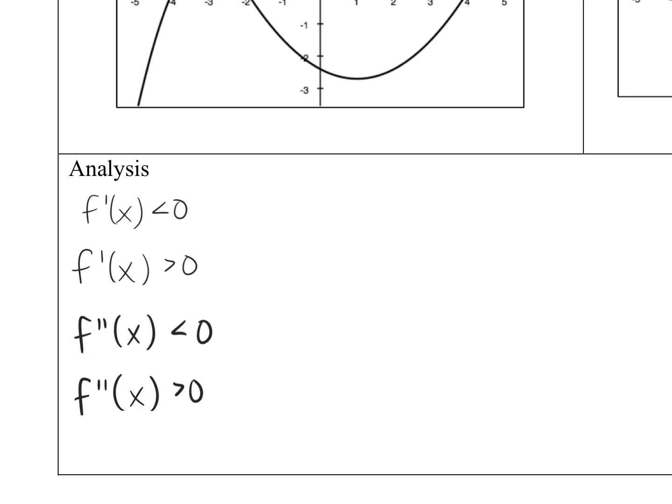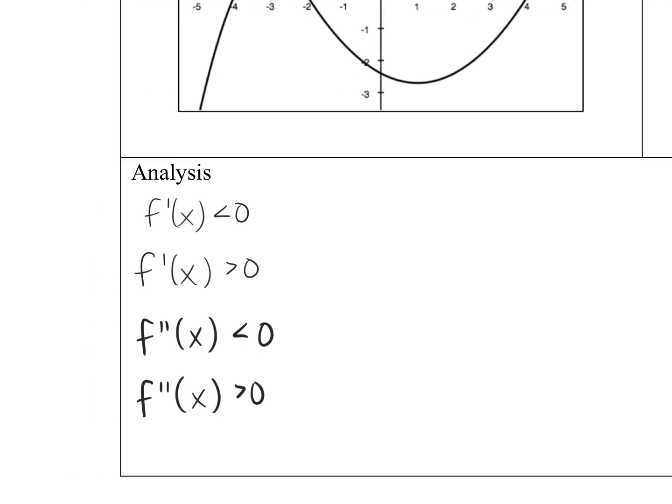Okay, so list all of these things, because those things tell us when is it decreasing, increasing, or when is it concave up, concave down. Okay, so try that out, and then we'll go over it here in a few minutes.